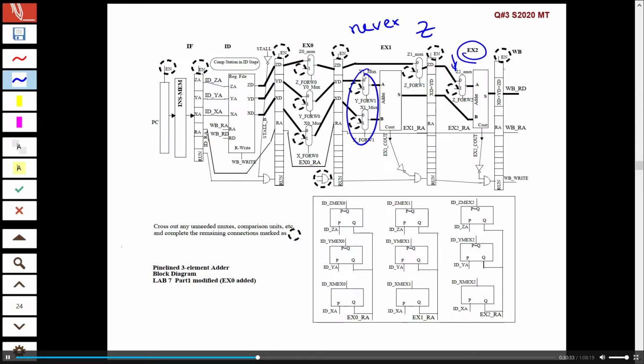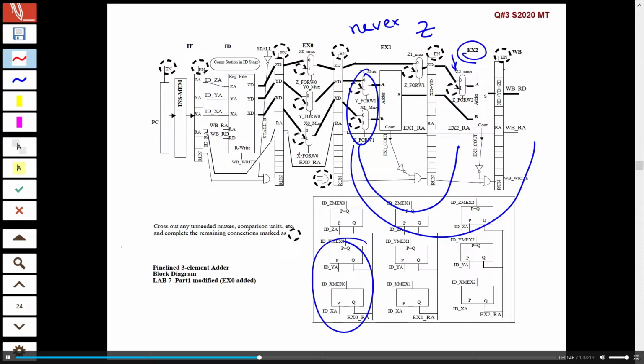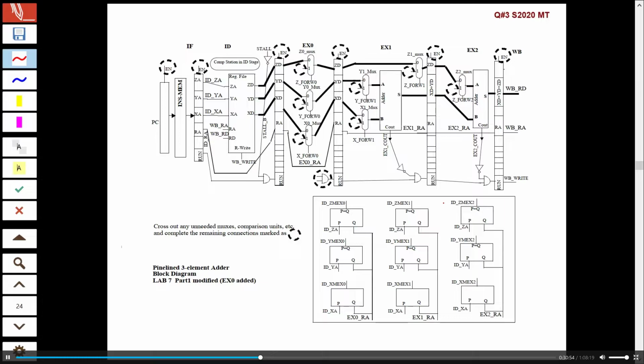Even for X and Y, it's the same amount of stalling, because if I'm dependent on my senior 1, I need to stall. If I'm dependent on my senior 2, I don't have to stall. And what about you depending on him? Well, he will forward to you. So there's no increase in stalling or reduction in performance. It's a little extra cost of comparisons and forwarding.